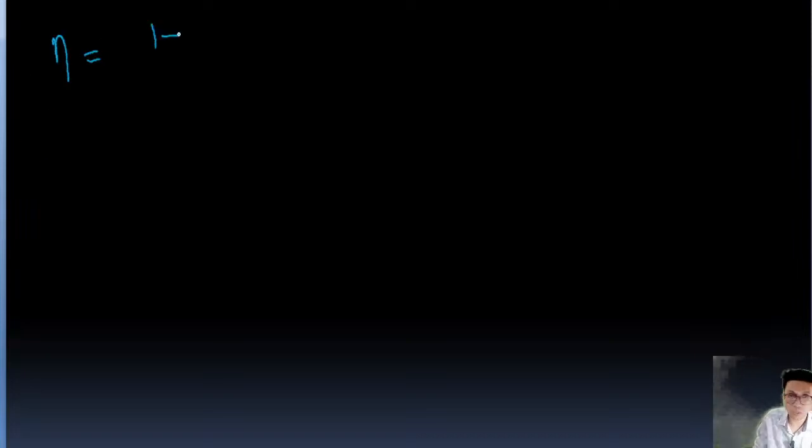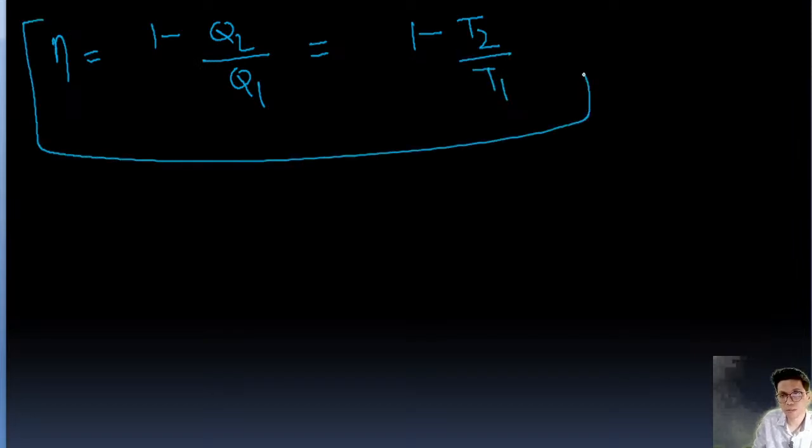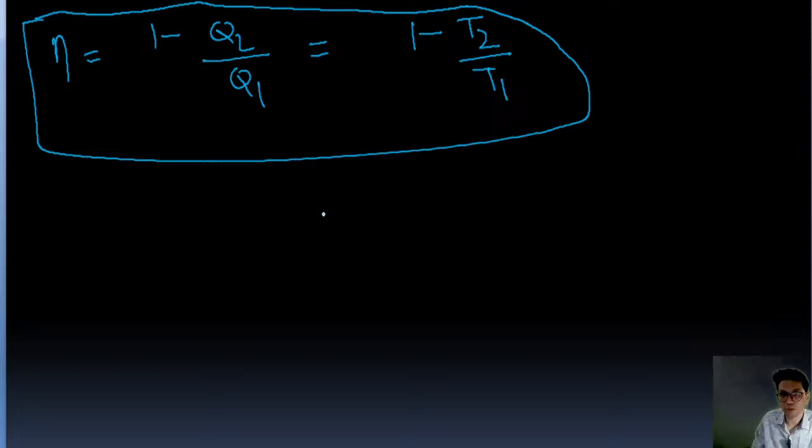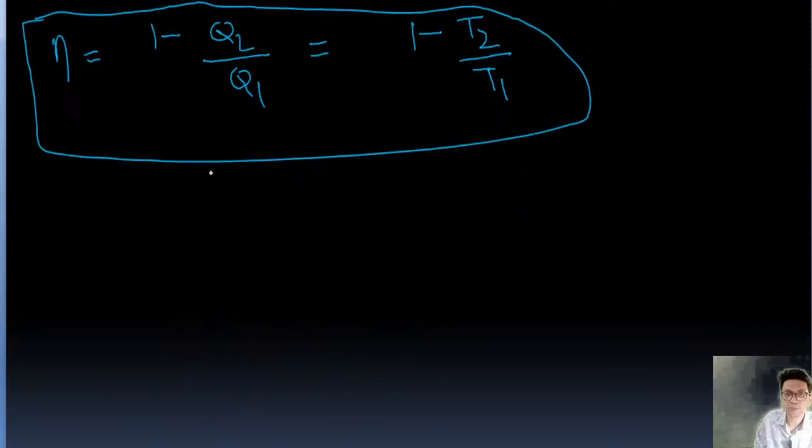Eta equal to 1 minus Q2 upon Q1, or we can write 1 minus T2 upon T1. This is a very important formula, guys, you need to note down. So from the Carnot cycle, what we have found is Q1 upon Q2 equal to T1 upon T2, so eta equal to 1 minus Q2 upon Q1 equal to 1 minus T2 upon T1.